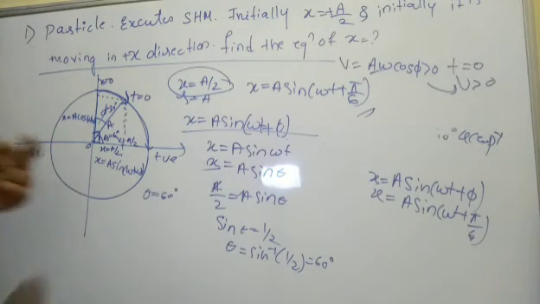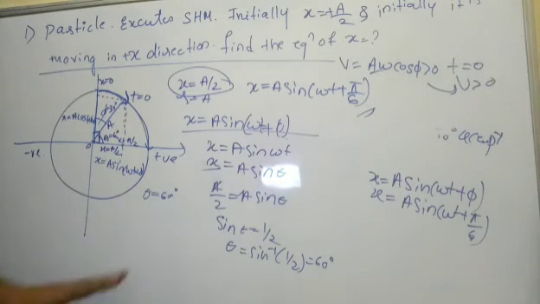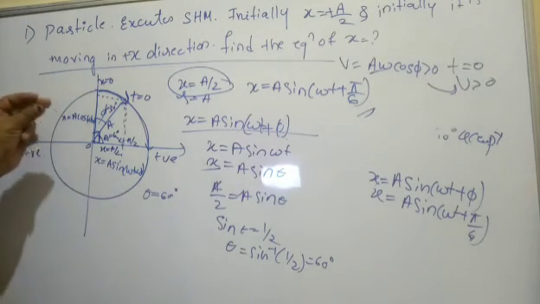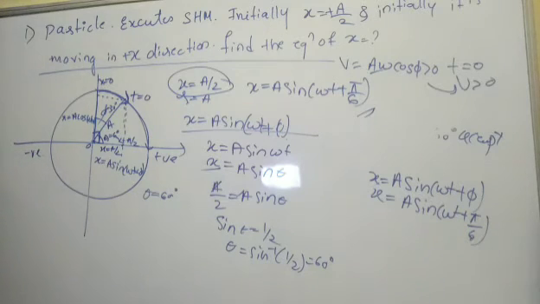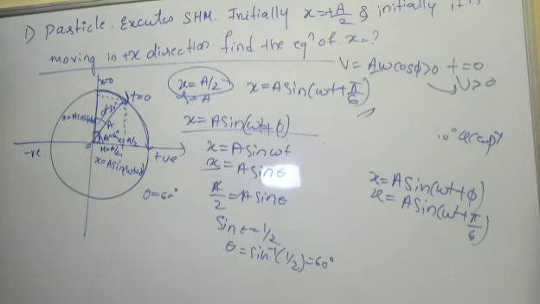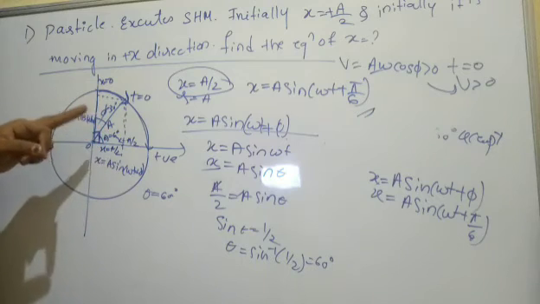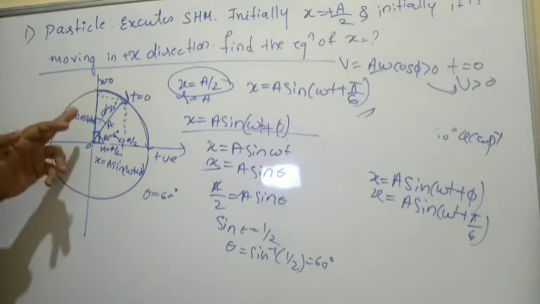So get practiced with the phasor diagram, it will be very helpful in solving competitive problems. Within 5 to 15 seconds you will solve the problem. Only thing you need to find out is the phi here. Once you got the theta value, you can easily frame the phi.